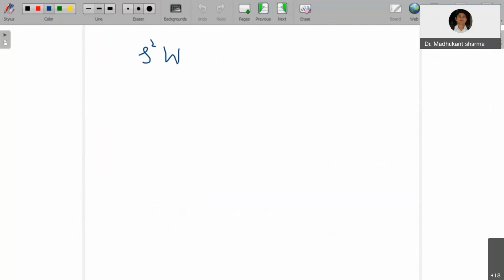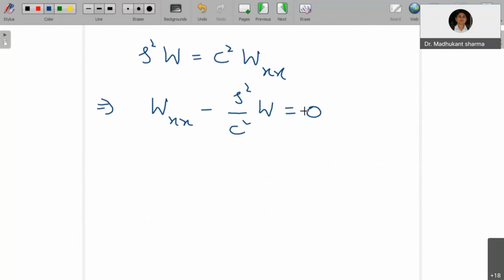So s square W is equal to c square W_xx. This implies W_xx minus s square by c square W is equal to 0. So you have a second order differential equation, right?